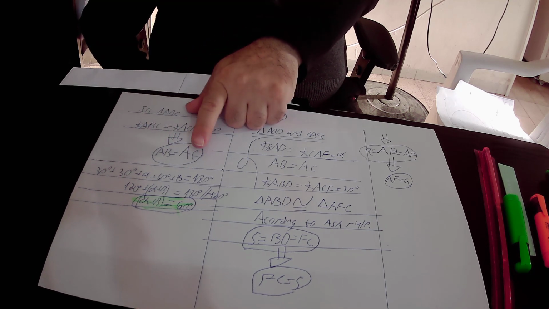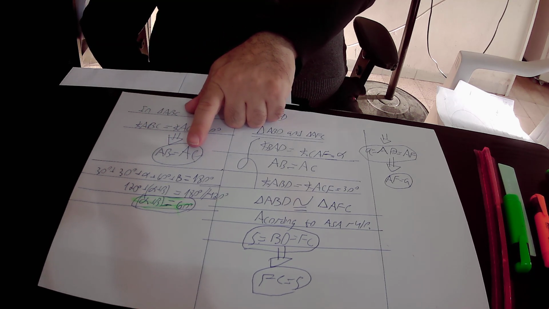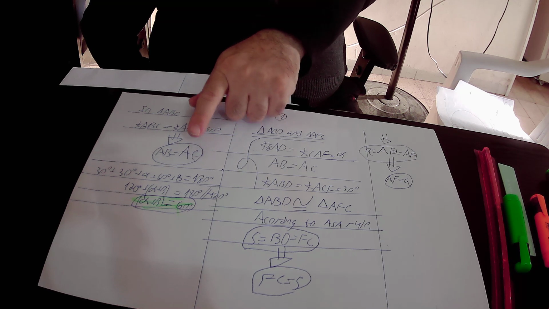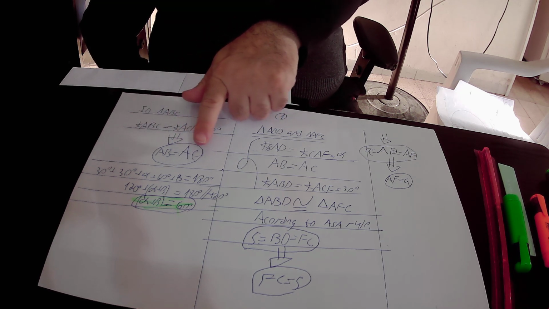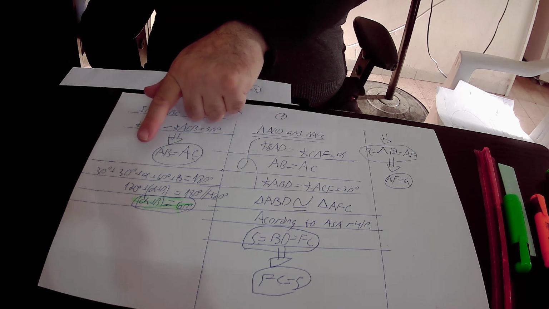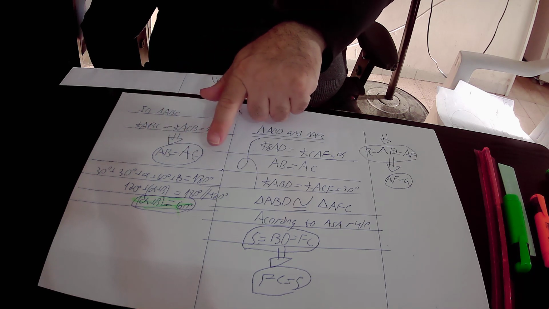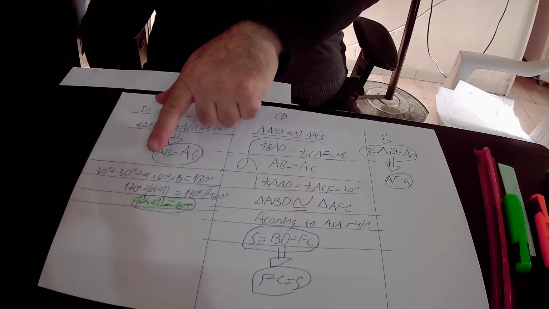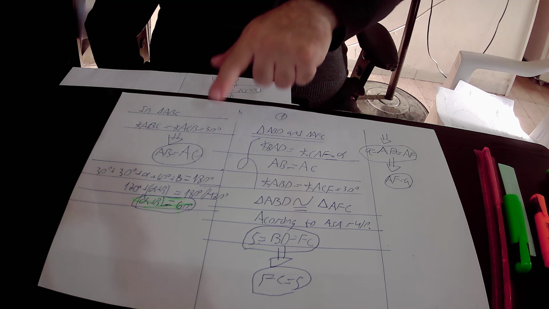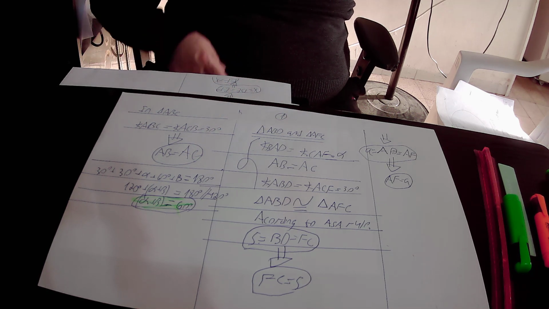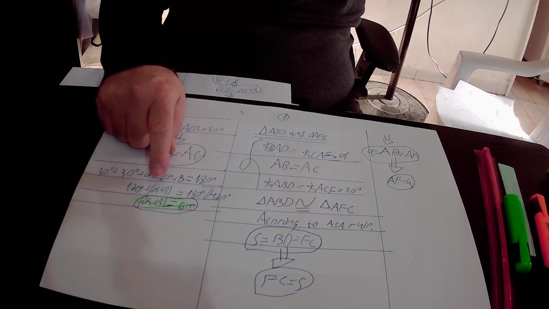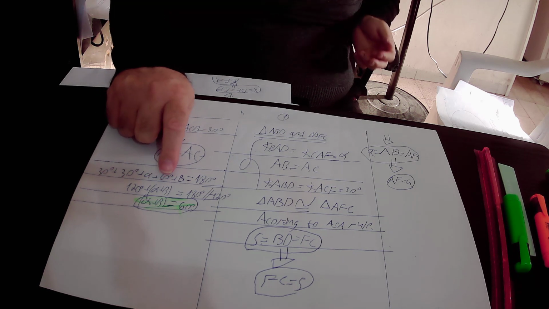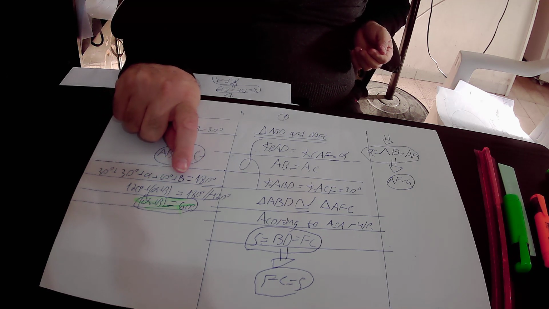So this equation expresses the fact that the sum of the angles in triangle ABC equals 180 degrees. Here we have 30 degrees plus 30 degrees is 60 degrees, and 60 degrees plus 60 degrees is 120 degrees. So on this side of the equation, we have 120 degrees plus alpha plus beta. On the other side, we have 180 degrees.